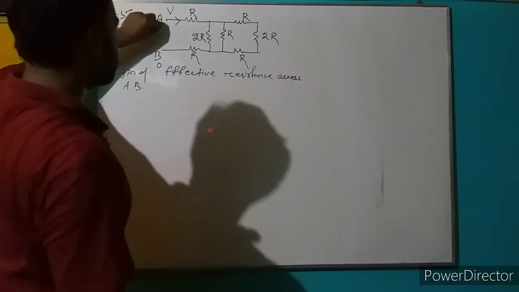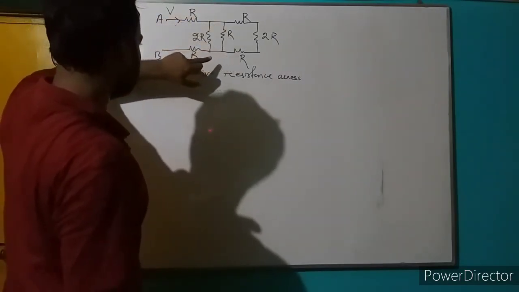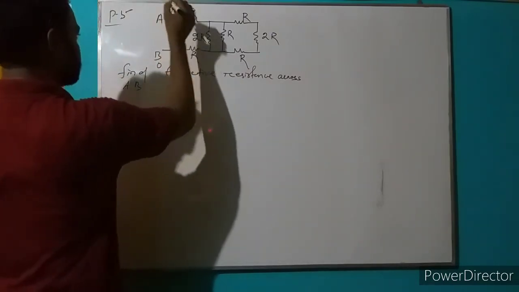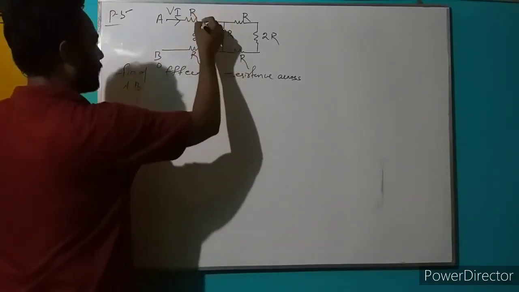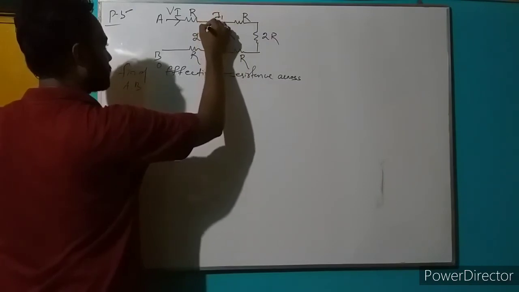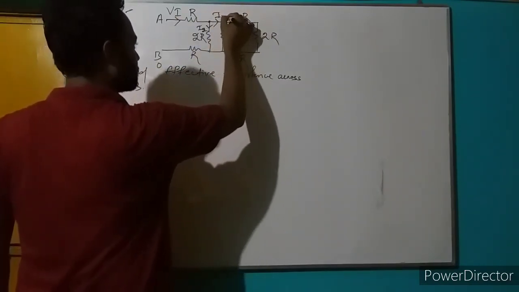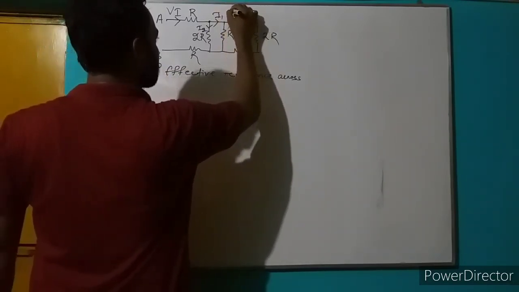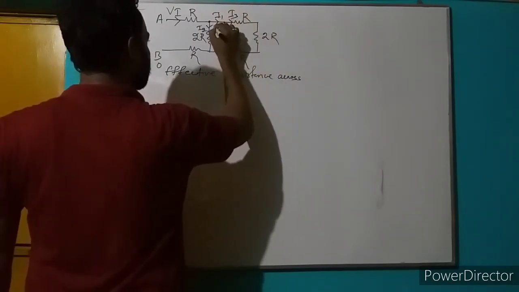I amount of current passes through A and leaves from B. At that junction it becomes divided, that is I1 and I2. Again that I1 is also divided into I3 and I4.